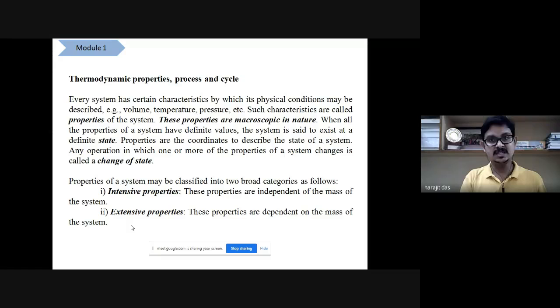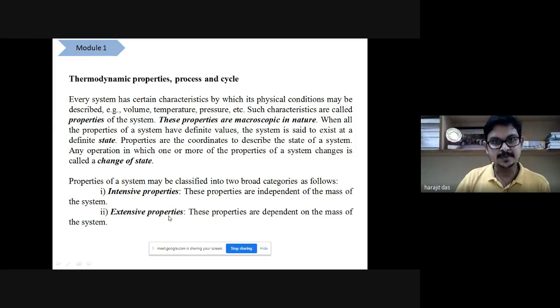So what is an intensive property? To remember this definition, intensive: the IN term is there, so independent. The properties which are independent of the mass of the system are called intensive.